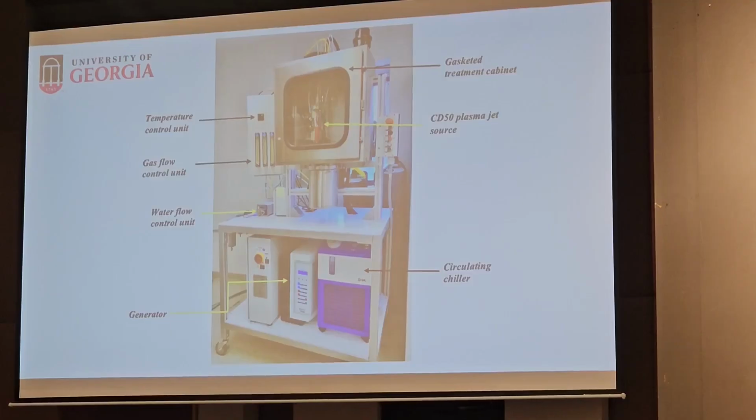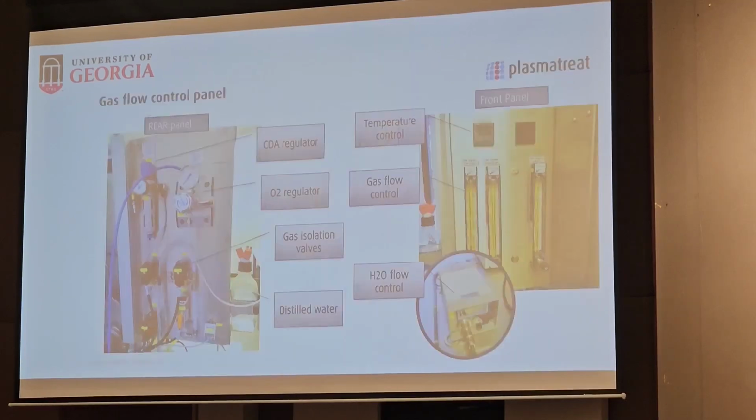That's where we can put the samples and then bring the plasma. That's the back side of the unit, where we can control the airflow and water, and measure whether oxygen, nitrogen, air, or whatever gases we are passing through.